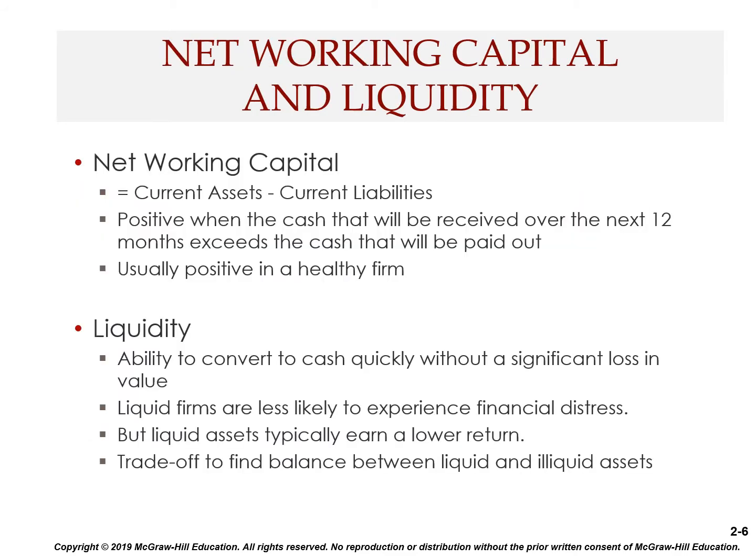So it's positive when the cash that will be received over the next 12 months exceeds the cash that will be paid out. So usually if we have positive net working capital, we are involved in a healthy company. Remember again, liquidity is the ability to convert to cash quickly without a significant loss. Now, liquid firms are less likely to experience financial distress.